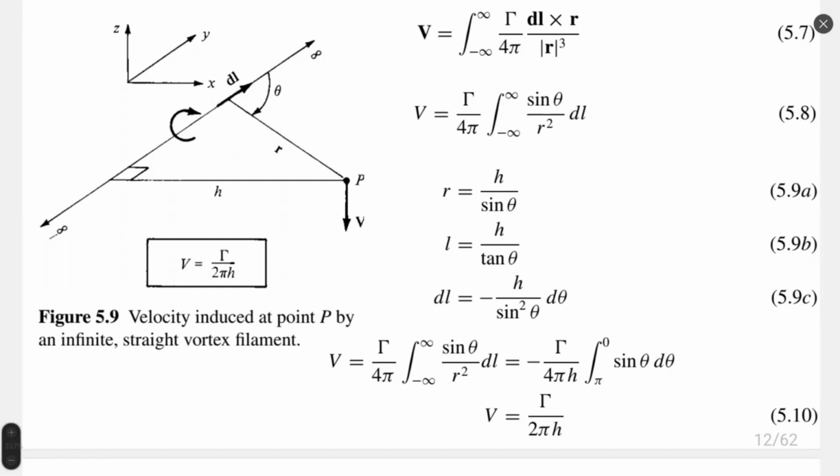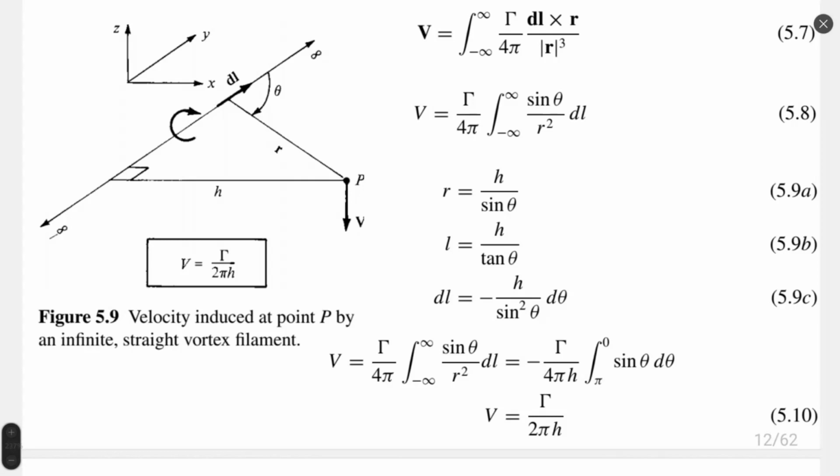Our vortex filament is infinite, according to the Helmholtz theorem. This vortex filament cannot end or finish inside space. It will either go to infinity or finish on the surface of the body.